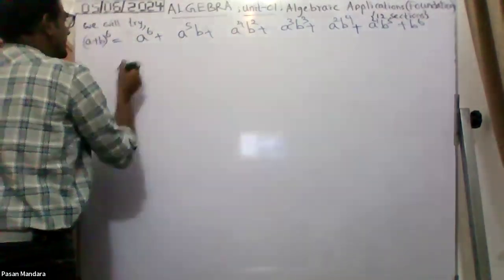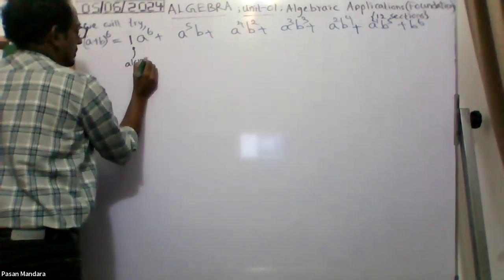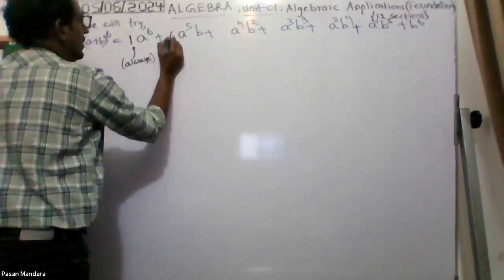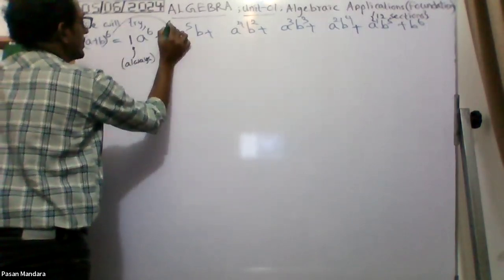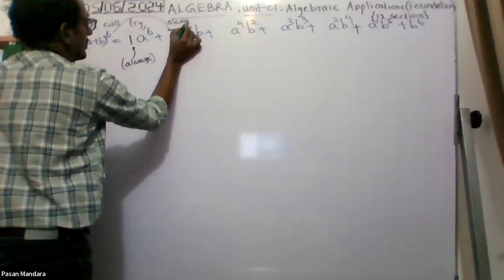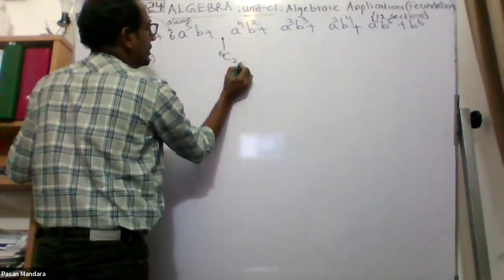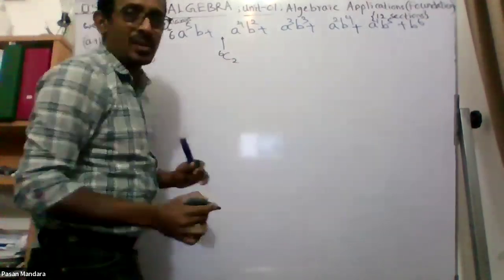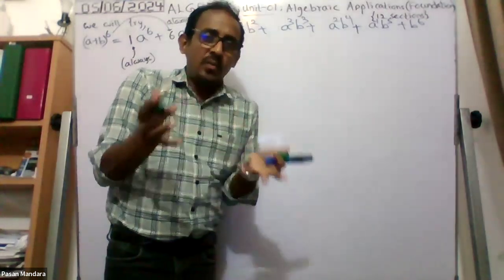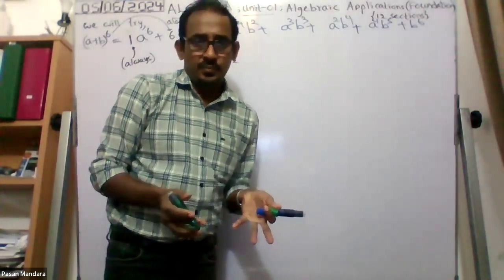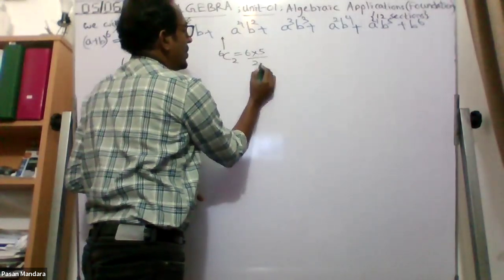This will be 1. This will be 6. This will be 6C2. Your calculation starts with 2. C2: out of 6, how many ways can you select 2? So the calculation is 6 into 5 over 2 into 1.